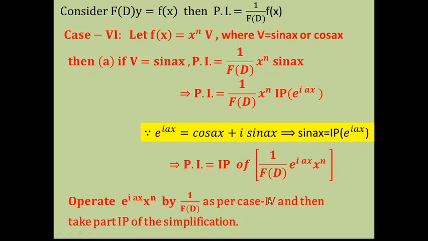After simplification, finally you have to collect the imaginary part of the answer so obtained. This is what is applicable when we have v as sin ax. So we are going to consider the imaginary part of 1 upon f of D, e raised to power iax x raised to n.